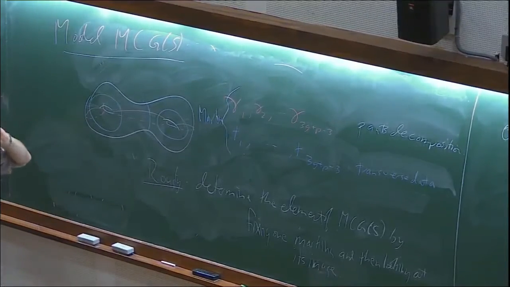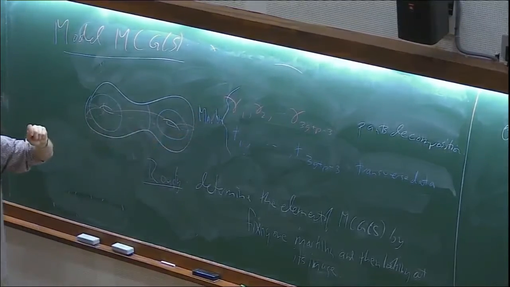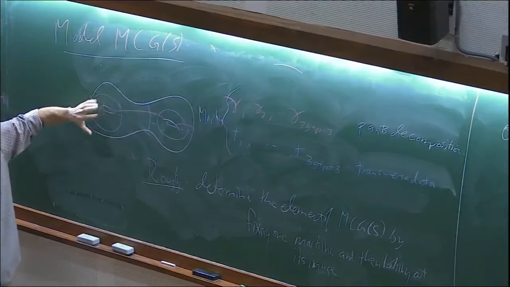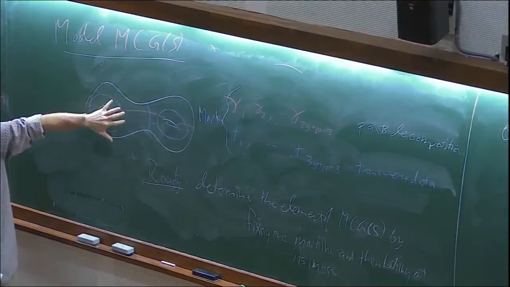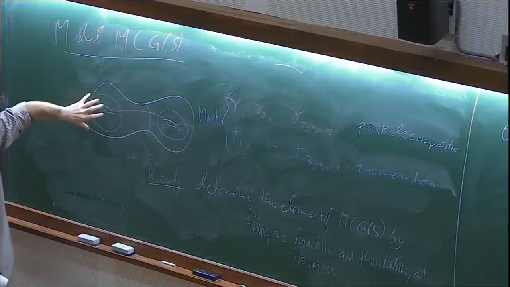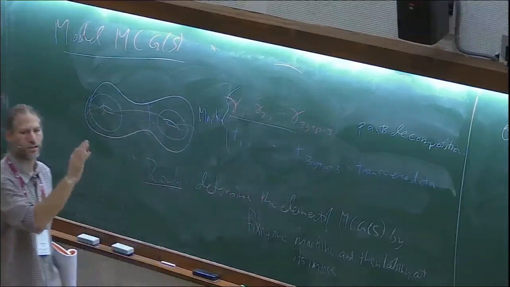If I identify mapping class groups with markings, then any mapping class group element can be thought of as this collection of curves. Now, given any subsurface, I can take the blue curves, the Pants decomposition, and project it into the subsurface.